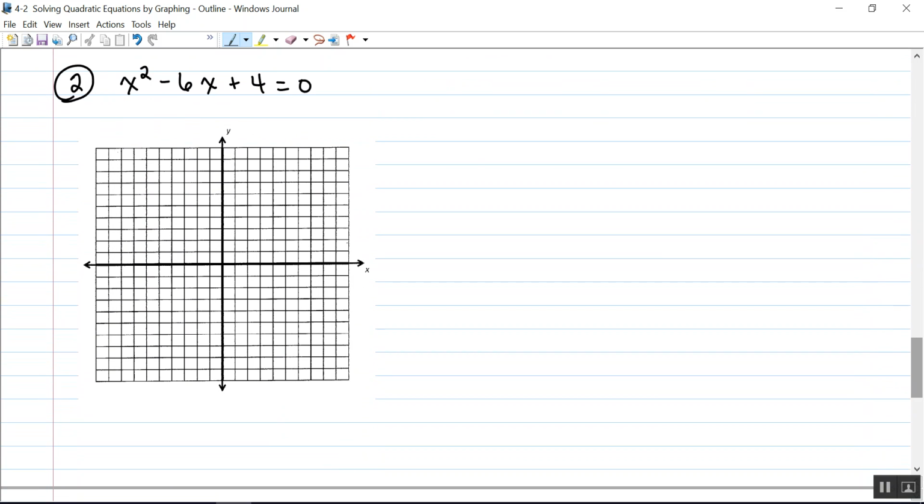Here I have x squared minus 6x plus 4 equals 0. Let's go ahead and find our vertex. So negative b over 2a is going to give me an x of 3. And then plugging in 3, I'm going to get 9 minus 18 plus 4, for a negative 5.